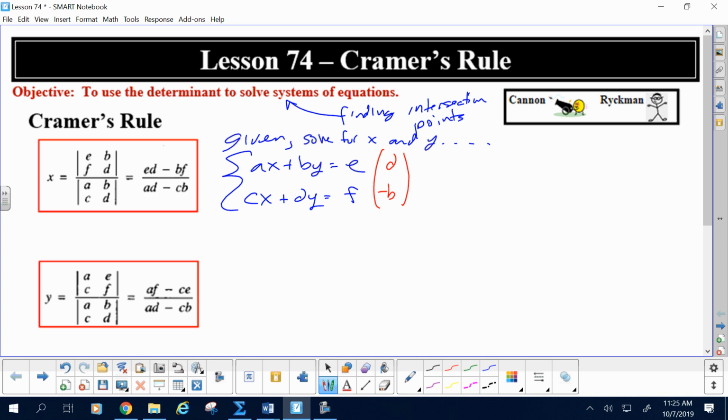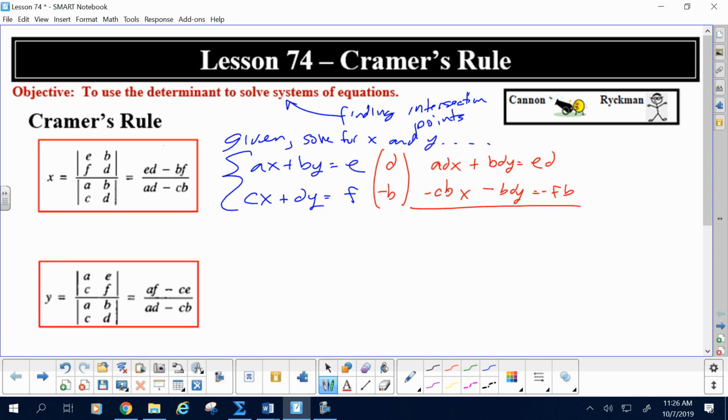All right. So if I multiply one by d and the other by negative b, then my new system is adx plus bdy equals ed, and the second is negative bcx minus bdy equals negative fb. Right?